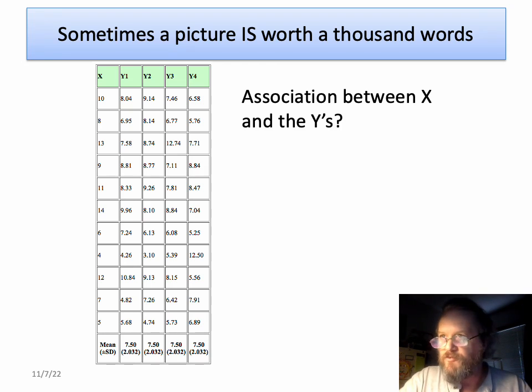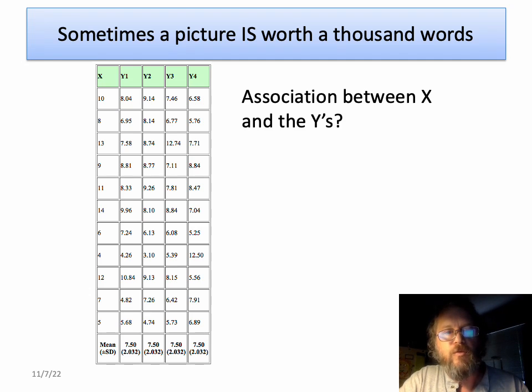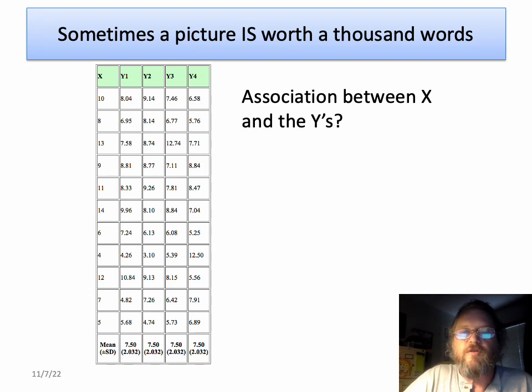So if I just reported the mean and standard deviations, there wouldn't be much to say except that they're equal. This is why you always want to generate graphs. Even if you don't report the graphs, you want to take a look at them. A scatter plot would make a lot of sense here.